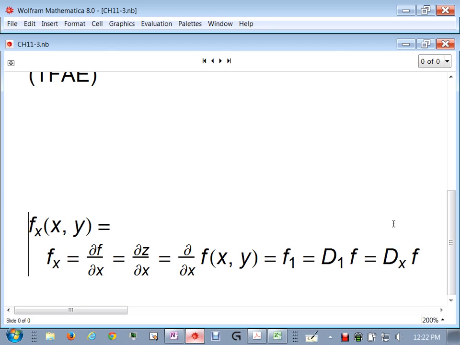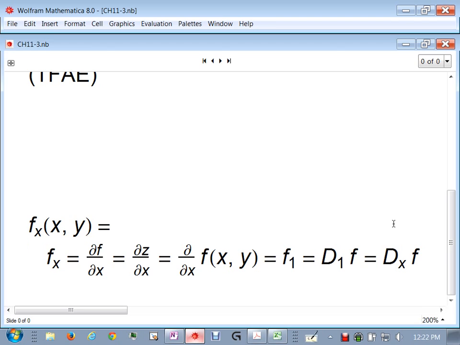And then over here you could just bring the differential operator completely out and say, I'm going to take the partial derivative with respect to x of this function. Or there are even other ones. If you just write f1, d1f, this is the derivative of f with respect to the first variable.